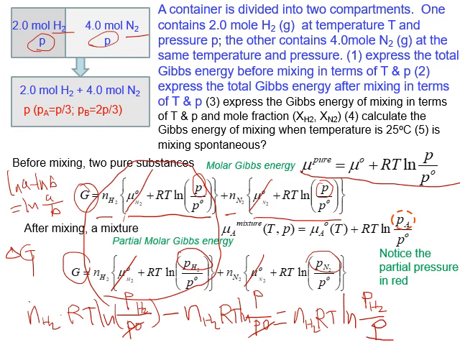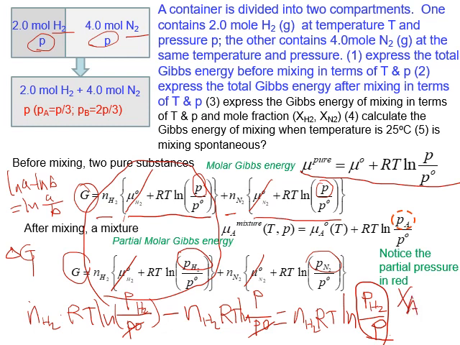Before mixing, both hydrogen and nitrogen are at pressure P. When you remove the wall, the two gases mix with each other, and the pressure becomes the total pressure. So now this pressure is the total pressure of the mixture. According to Dalton's law, the partial pressure divided by the total pressure in the mixture should be the mole fraction of hydrogen.